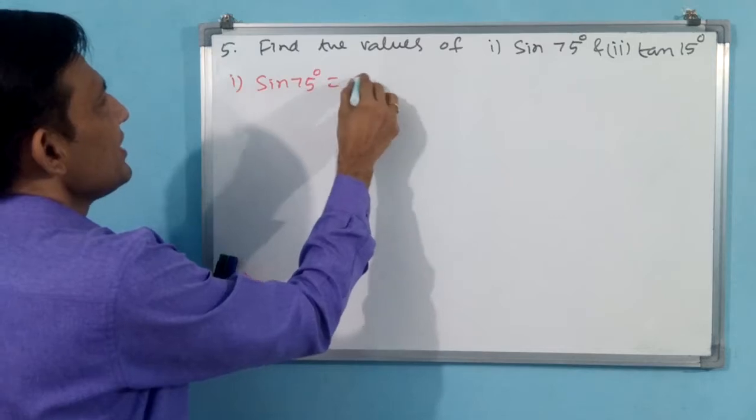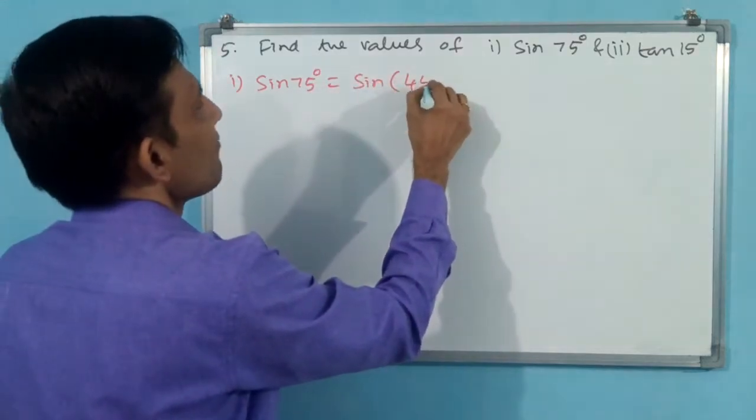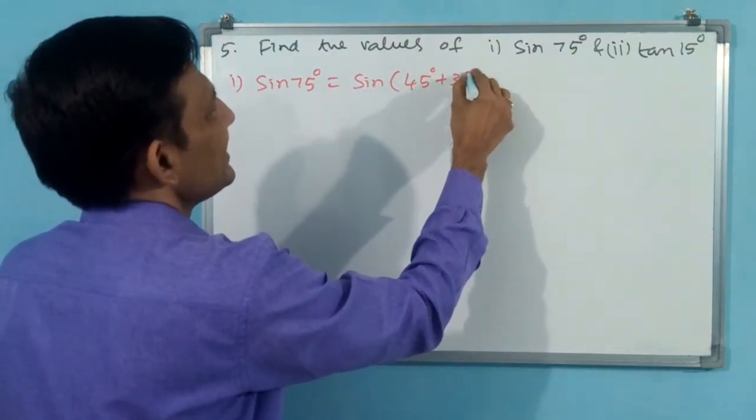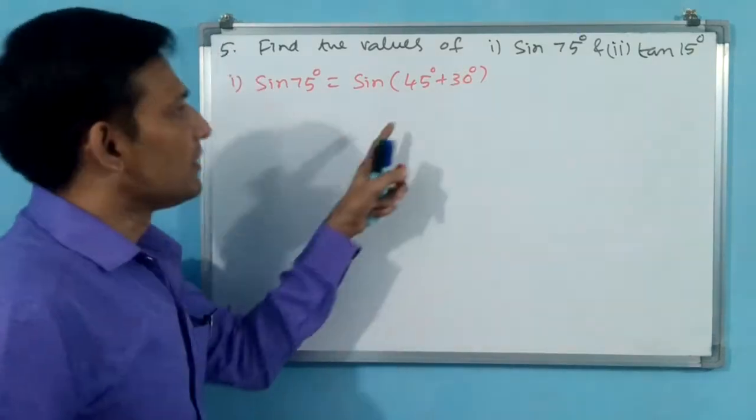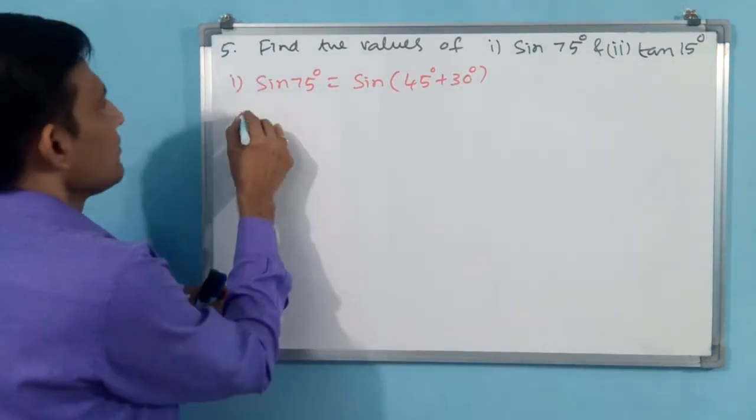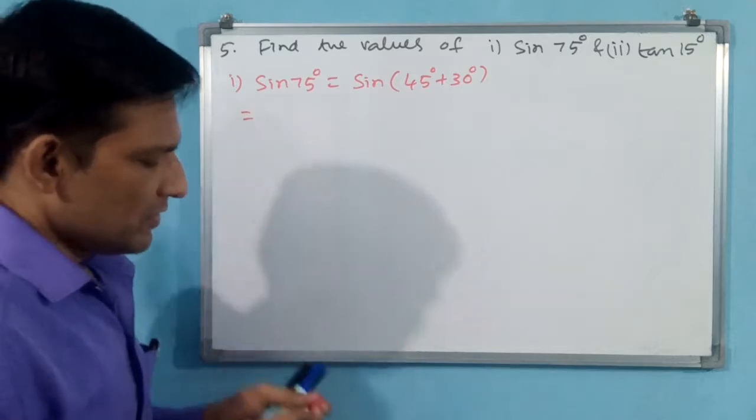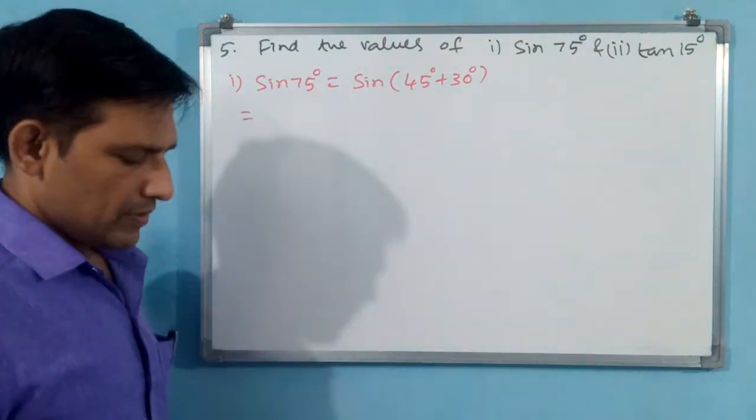Sin 75 degree is equal to sin of 45 degree plus 30 degree. Is it correct? 45 plus 30, 75 degree. See, sin formula we know. What is that formula?